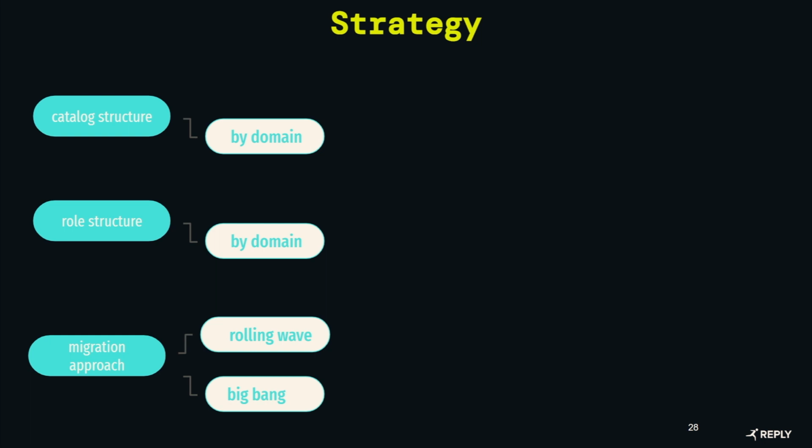We have to plan each task perfectly and choose the migration approach. Considering that the workspace in this context is used by hundreds of users, a Big Bang approach was too risky for us. So we decided to approach the migration using a rolling wave approach for each domain, defining a wave for each different domain, and then migrating all the workload inside Unity.